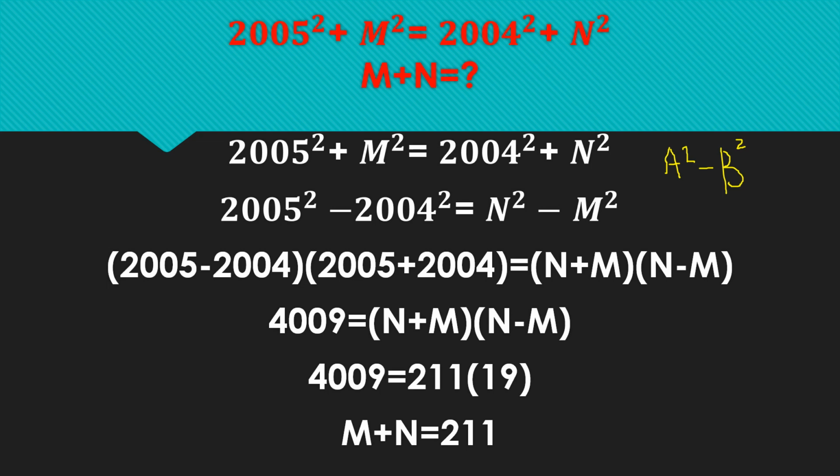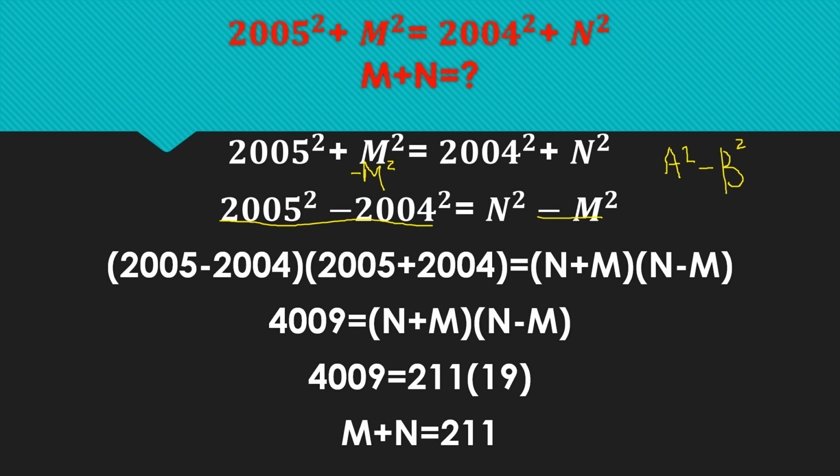Same thing here. 2005 square plus m square is equal to 2004 square plus n square. Now, if I minus 2004 square here, I can also minus here. So I get m square. So I minus n square on this side. Minus m square. I will also minus m square here.